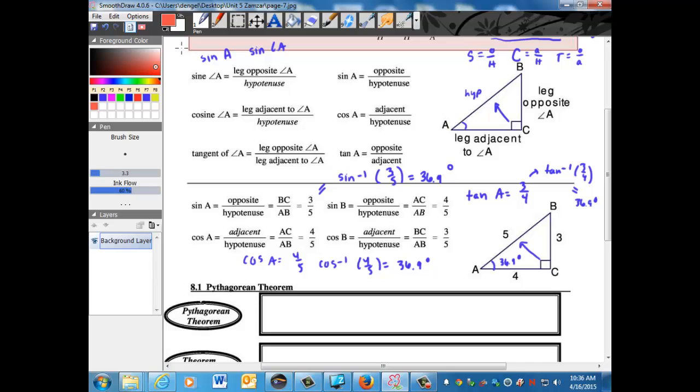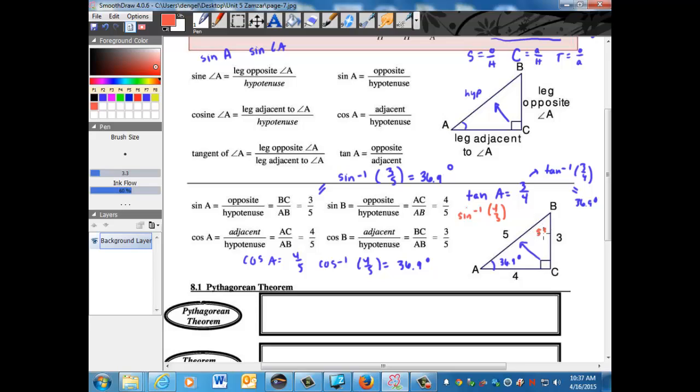All right, we're also asked to do sine of angle B. And so we have sine of angle B, which is the opposite side, 4 over 5. And if we were to enter in second sine of 4/5, let's do that right now. Second sine of 4/5, and we get 53.1 degrees.